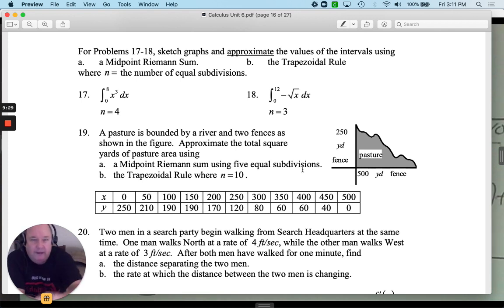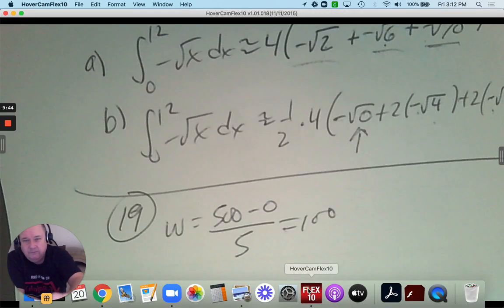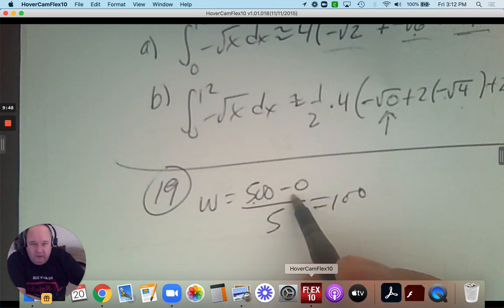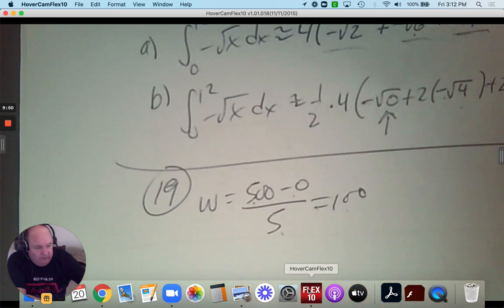So if I do that, and this is 0, there's 500 yards of fence. So the width would be 500 take away 0 divided by, how many are we using? 5. So that means the width of each one would be 100 for part A.